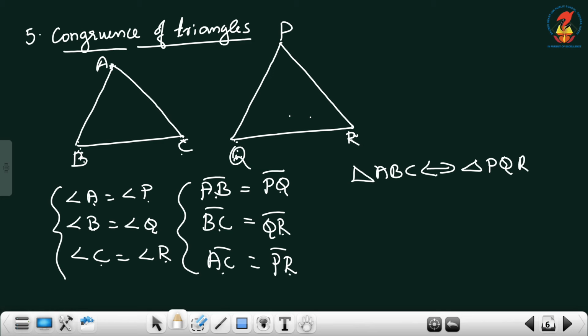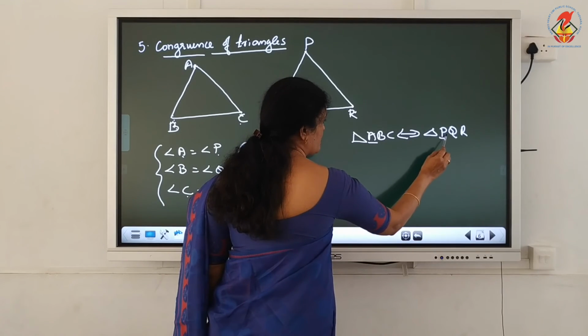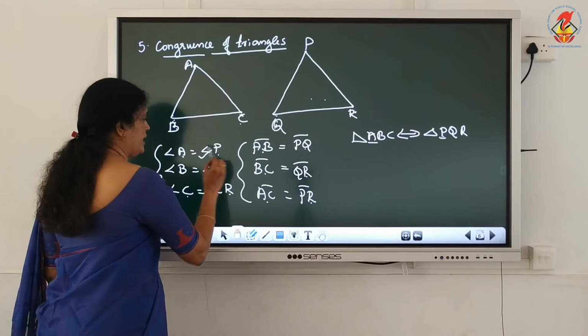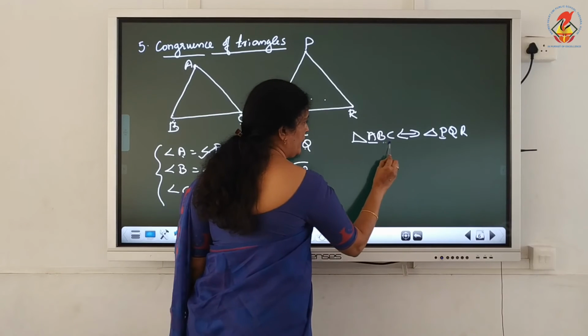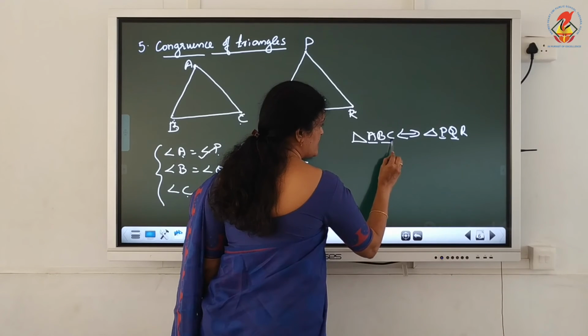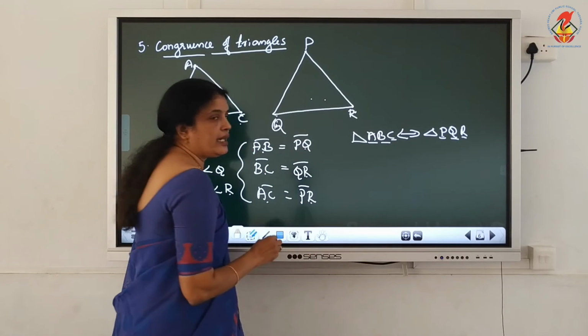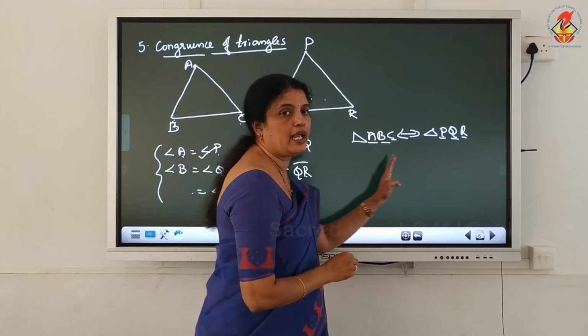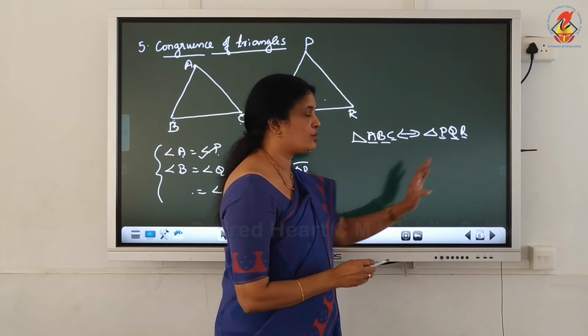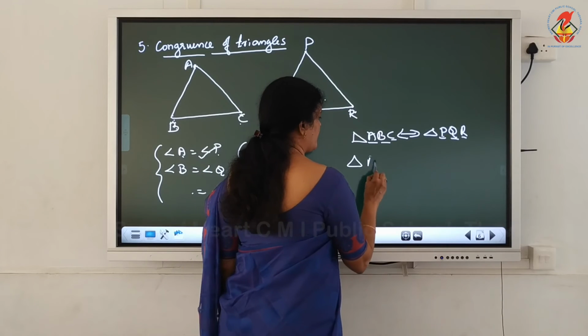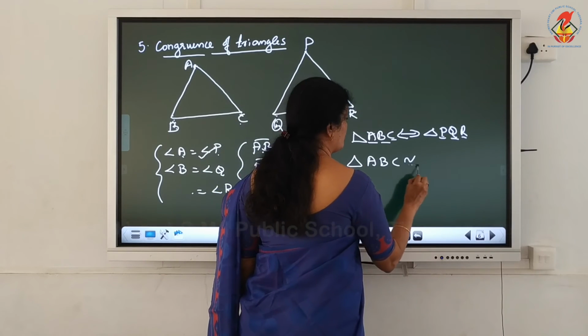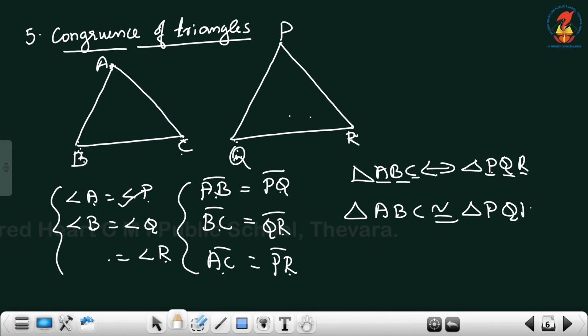Here, very important, the letters: angle A corresponds to P. That means angle A equals angle P, angle B equals angle Q, angle C equals angle R. How can you write the congruence? Triangle ABC congruent to triangle PQR.